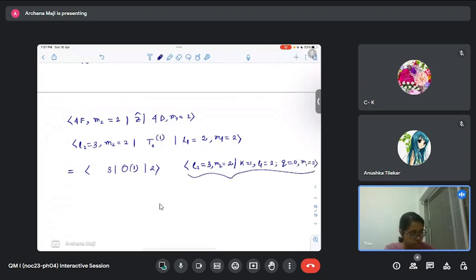And I'm just telling you the value of the CG coefficient is 1 over square root 3.